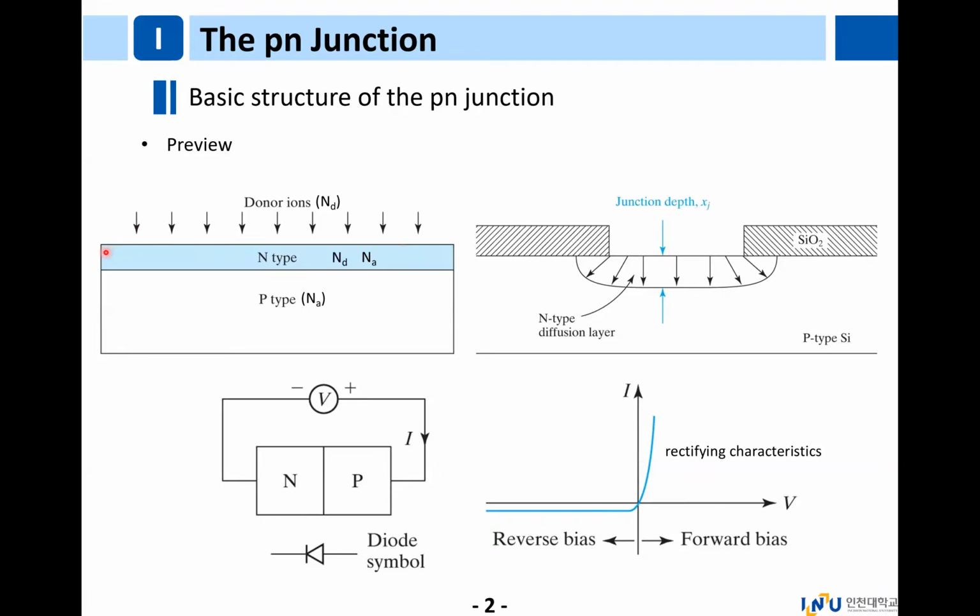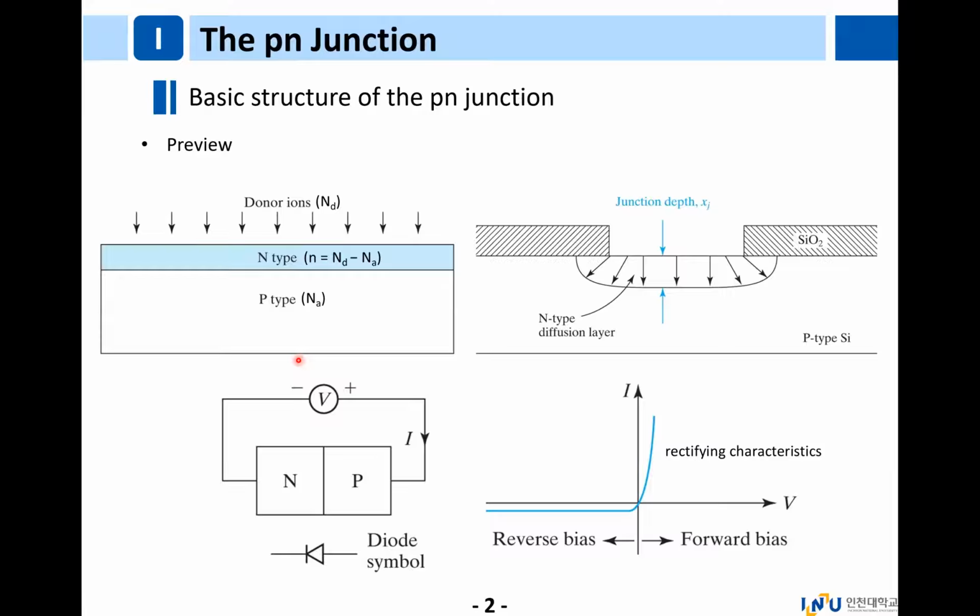Therefore, the electron concentration in this n-type region would be ND minus NA, right? Because originally it was a p-type wafer, but because of ion implantation of donor ions at concentration ND, the final concentration will be ND minus NA.